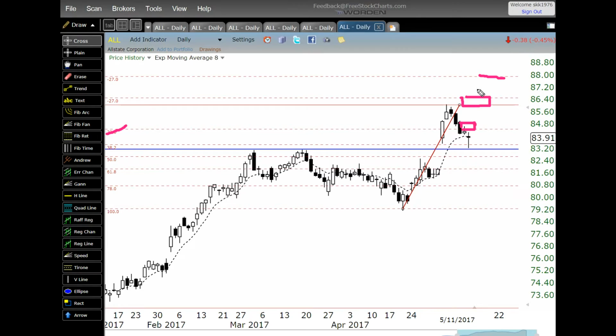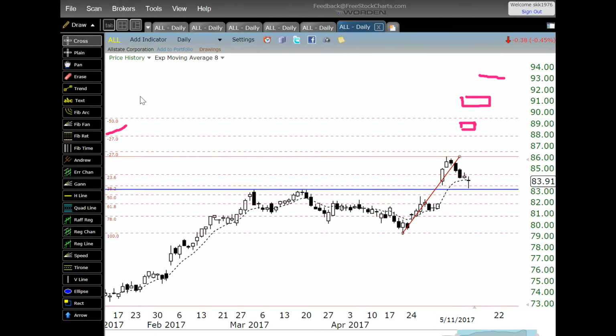The reason being, if you bring it down a little bit longer, you can see that the 50% extension of the monthly Fibonacci is lying at nearly $90, somewhere between 89 and 90. So this would be the long-term target.